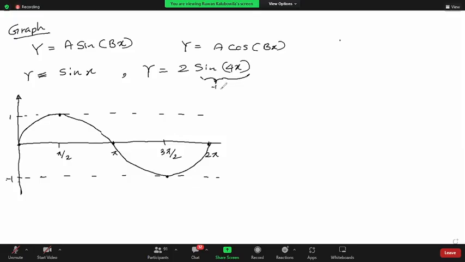Negative 1 and plus 1. Right? So in front of this, we can see number 2 here. So in this case, our combined maximum and minimum should be what? Can you tell me the value?